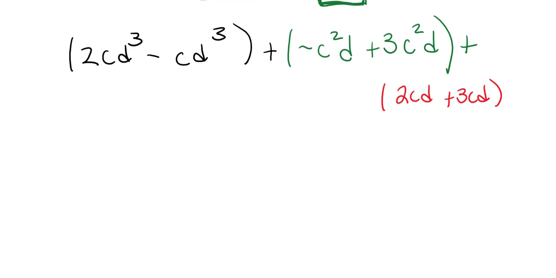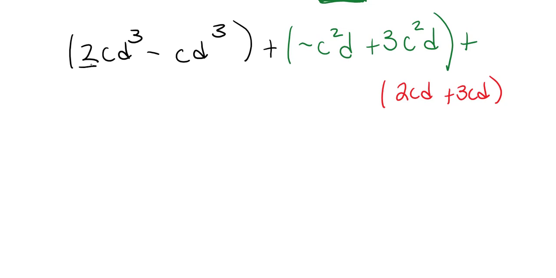So now let's add these together. So we just look at the variables. Noticing we can just substitute a 1 in right there because that's what that means. With no number in front of the variables, that means that there's a 1.